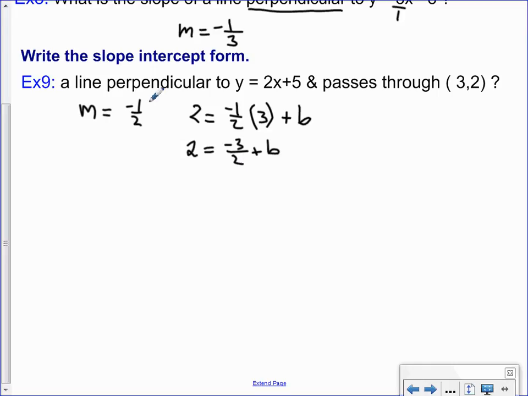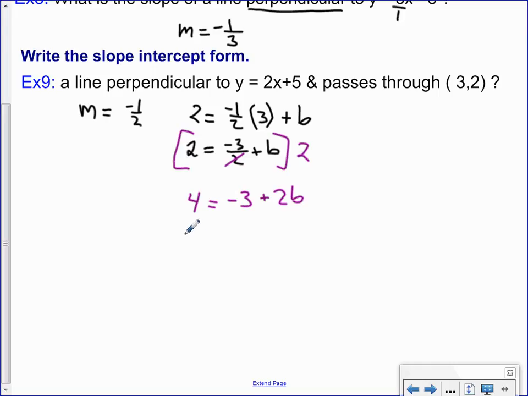You okay with that? Okay. Get rid of that denominator. So whatever it is, just multiply everything by that. So it cancels that out. Multiply the 2 by the 2, you get 4. Since you multiply it here, all it did was cancel the 2, so you'd just leave that 3 by it, plus 2b.